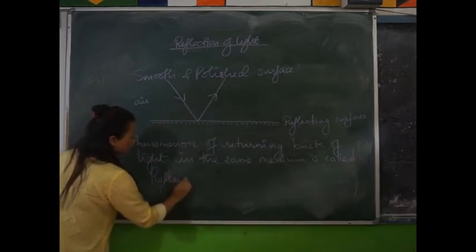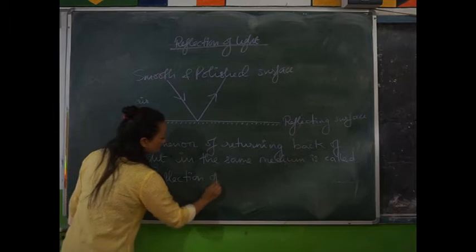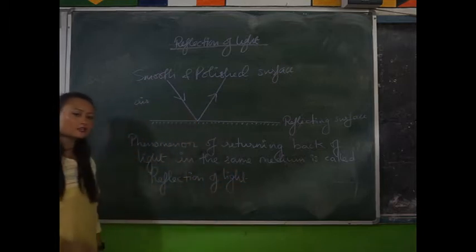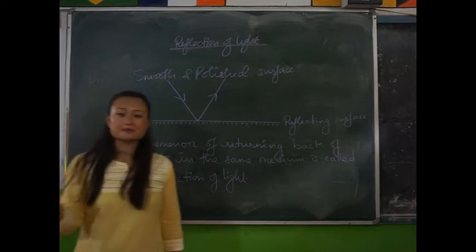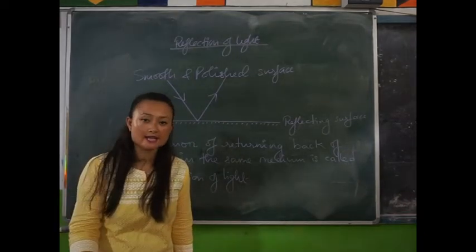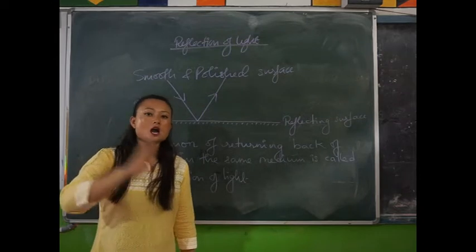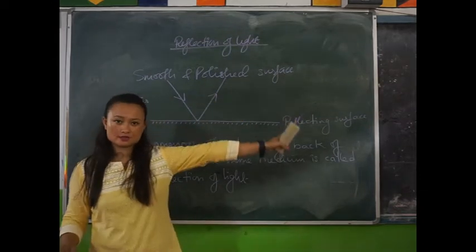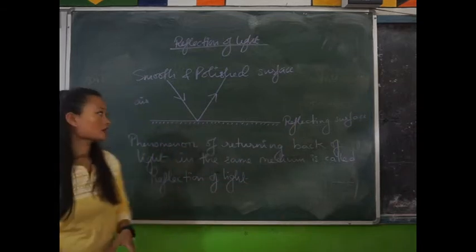What is called? Reflection of light. So what is basically reflection of light? Reflection of light generally means the returning back of the ray of light to the same medium after striking a smooth or polished surface. Okay.